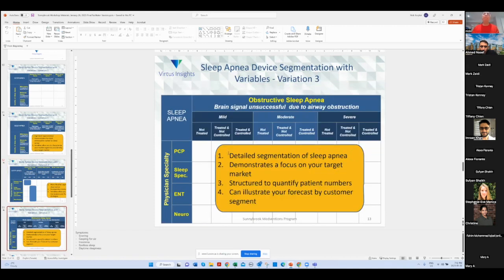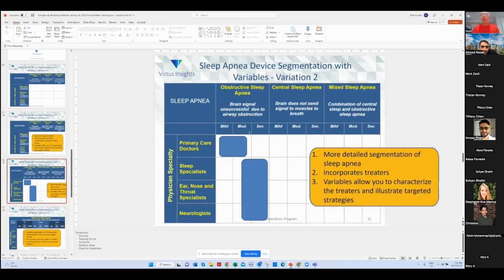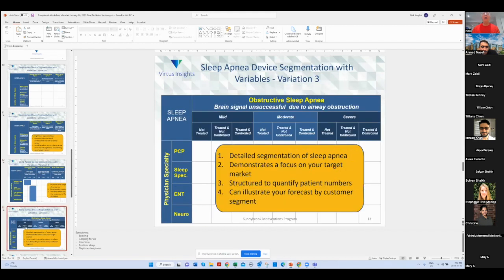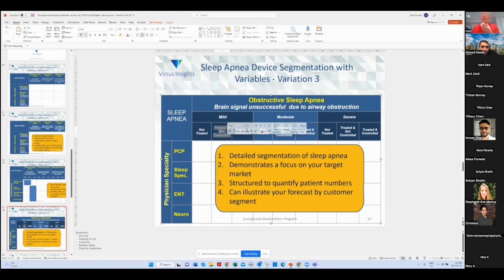Variation 3 was the same physician specialties on the left, but here, rather than doing mild, moderate, severe, there are some patients who may be mild but not treated, in other words, they're a new patient, or they're an existing patient who is treated, but what they're using is not controlling them.